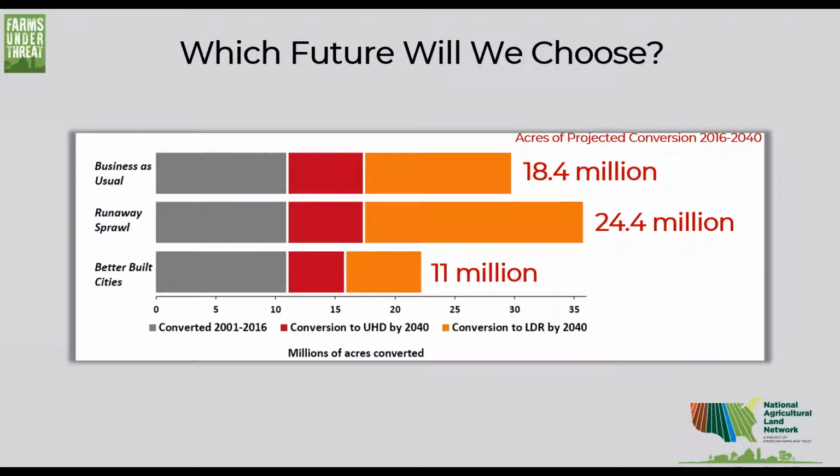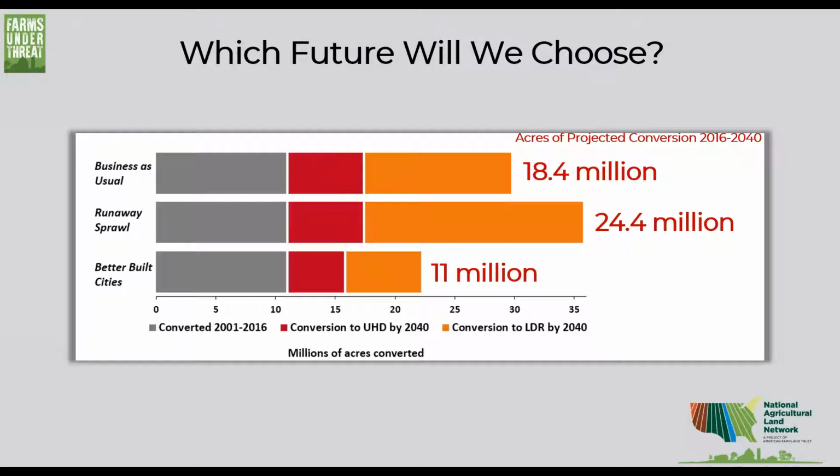So this next chart shows each scenario's potential impact. And on the left here in the gray is the actual conversion from 2001 to 2016. That was 11 million acres, just in the first 16 years of this century.